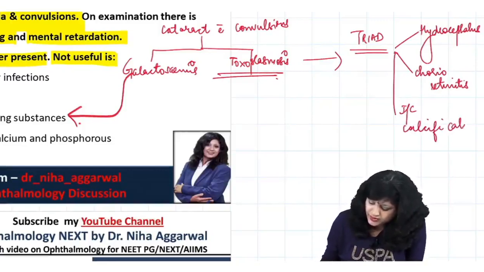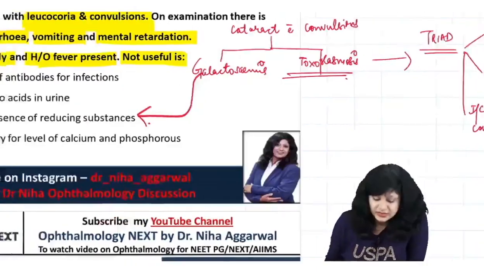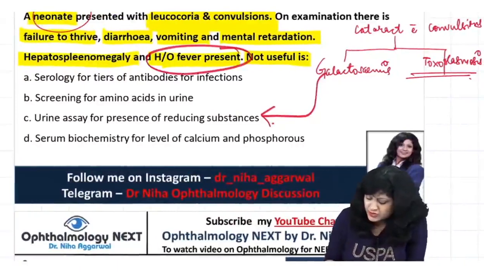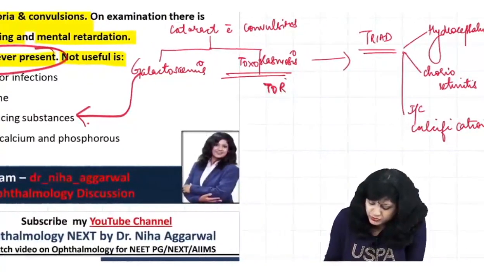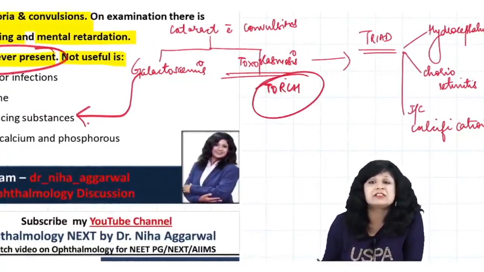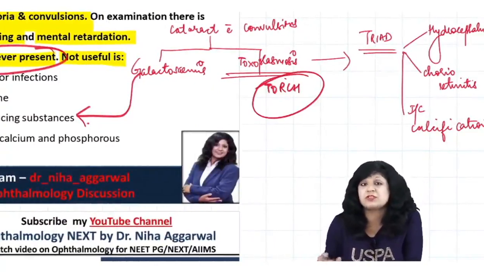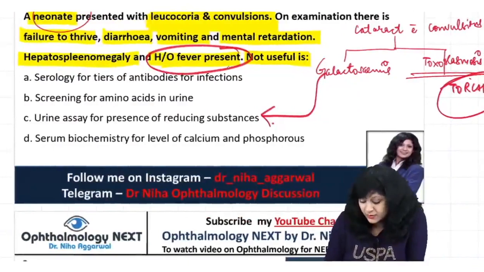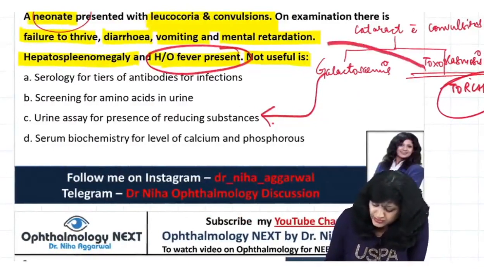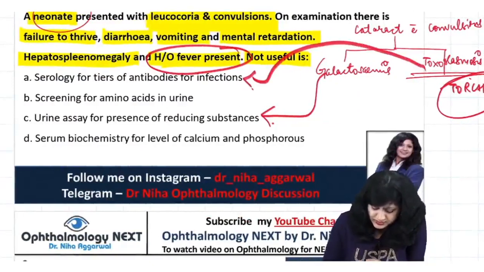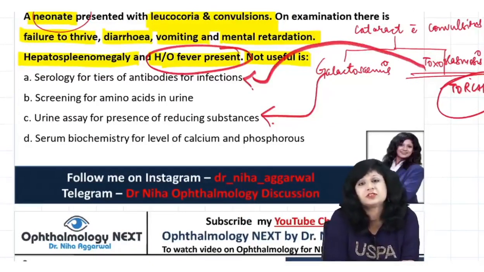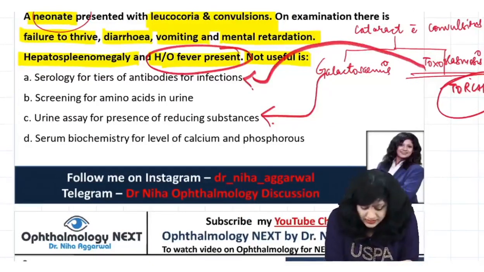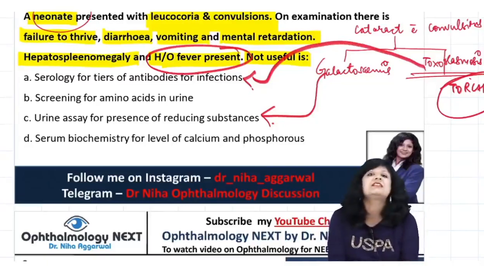We do not have the triad, but they are giving you some history of fever, so we can think of the TORCH group of infections, though it looks like it is actually not toxoplasmosis because they haven't told you about the triad. But you can think about it because fever history is present. So for toxoplasmosis we will do the serology for the titers of antibodies. Then screening for amino acids in the urine.